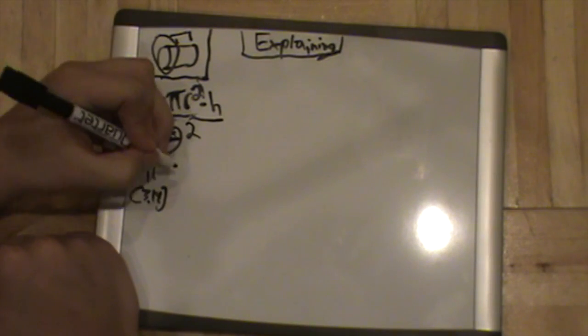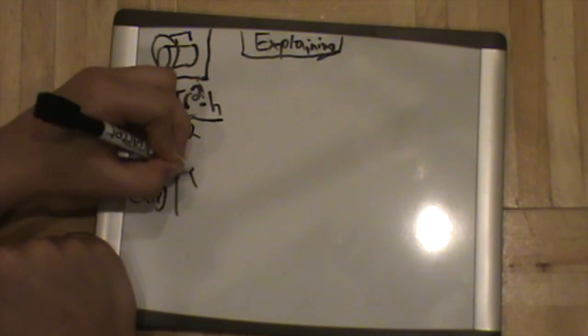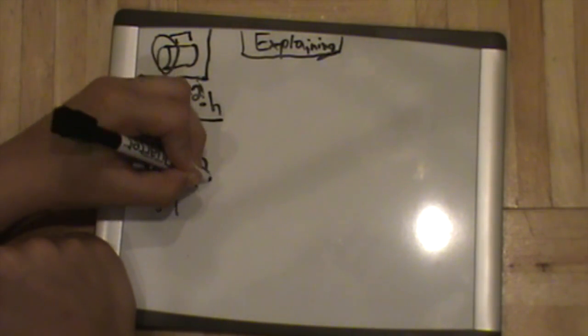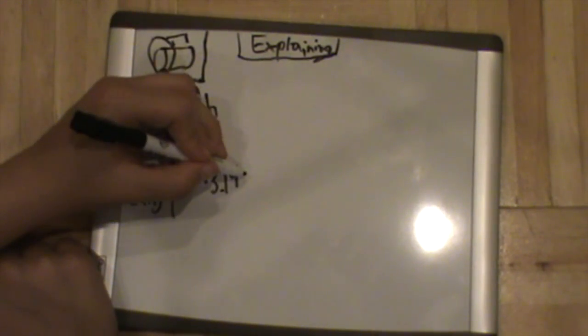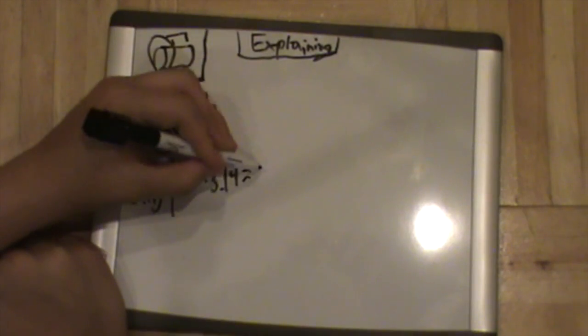So it'll be x squared times 3.14, and that will give us our area.